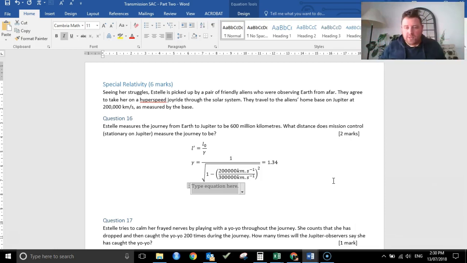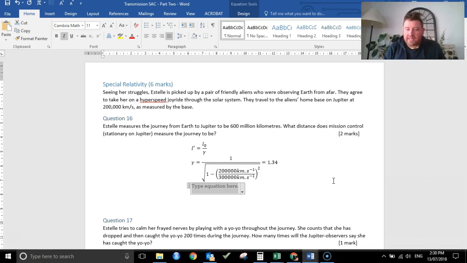Whereas the person on Jupiter, they're stationary with respect to Jupiter and the Earth. They can get out a laser beam and they can bounce it off a mirror on Earth and they can wait for it to return, or they can get a big ruler out and they can size it up, or they can do some sort of angular nonsense with working out how far away it is. They've got all the time in the world to make that measurement, because the Earth's not going anywhere, according to them.